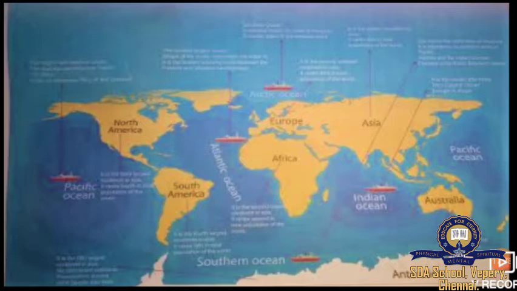So I hope you understand the importance of ocean. Yes, whole of the world is covered by oceans, and only few parts are the continents, which are the yellow parts.